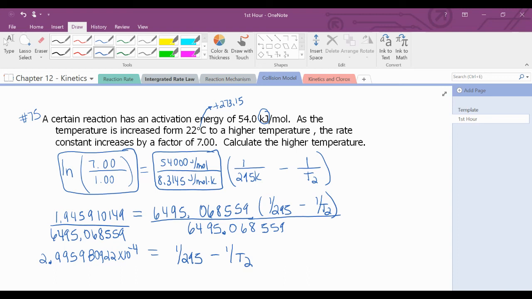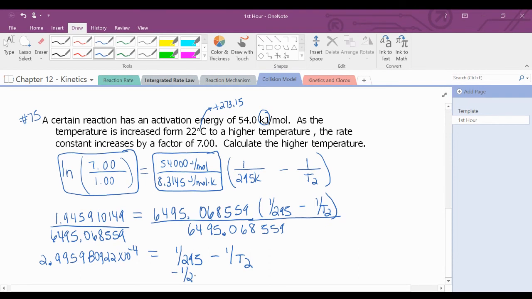All right, so then we want T2 to start to be by itself. So we're going to subtract this 1 over 295 from both sides.